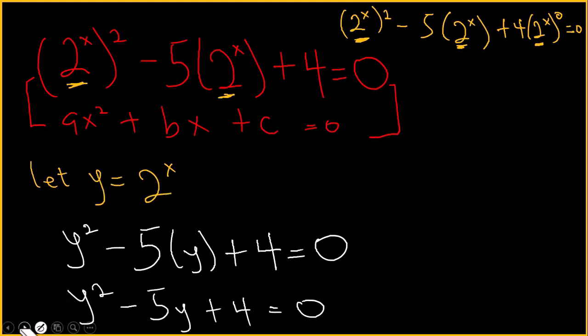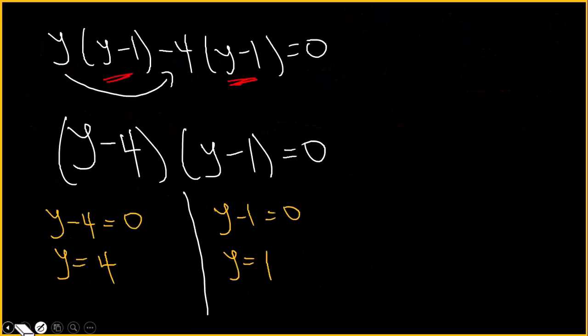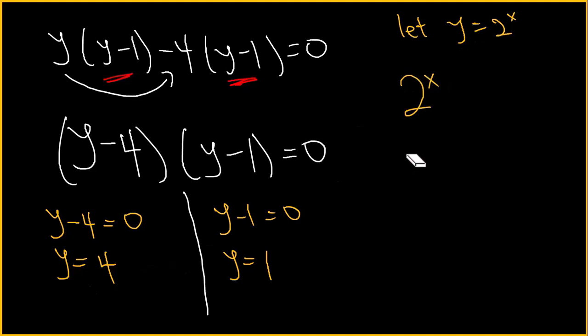Now that we've gotten the value y, we are going to equate it to 2 to the power x. Now we have y to be 4. So anywhere we see y, we replace it with 2 to the power x. Now this y is equal to 4.